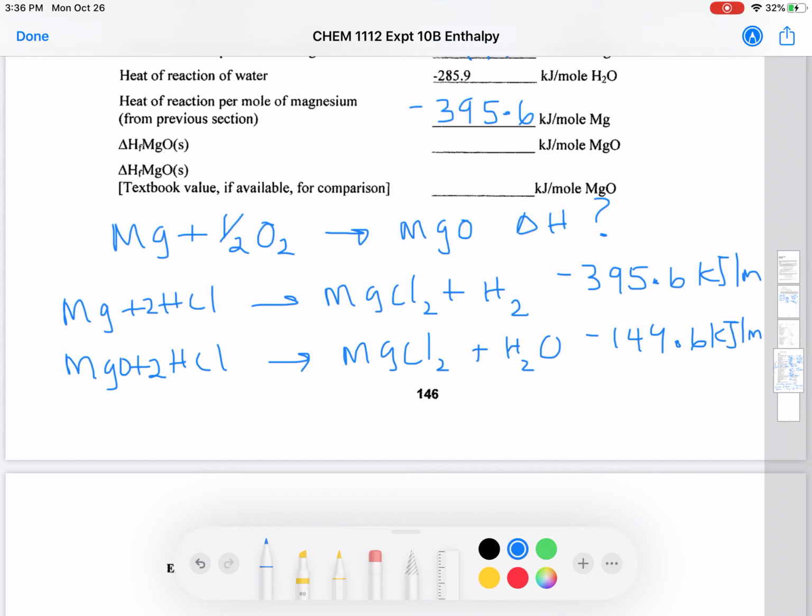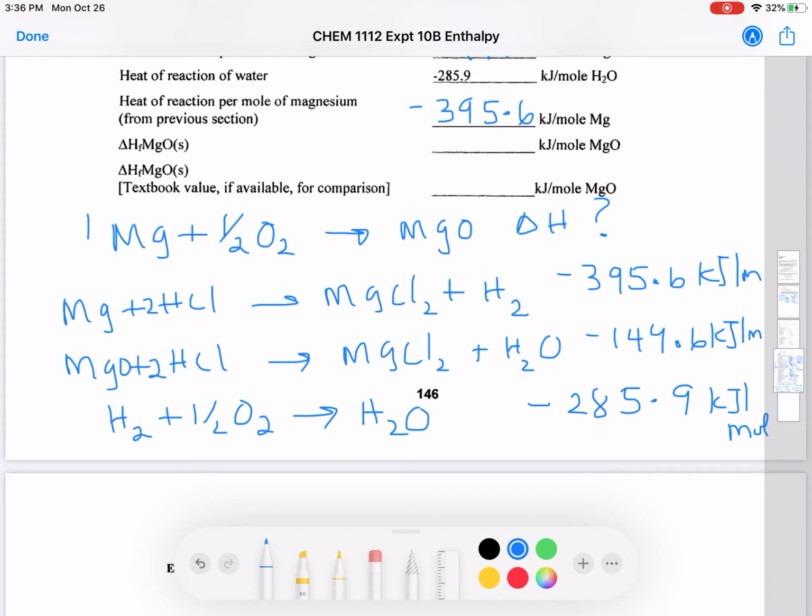And then the water is hydrogen plus half oxygen. Formation of water is given to us, delta H as negative 285.9 kilojoules per mole. So these are the three known enthalpies.